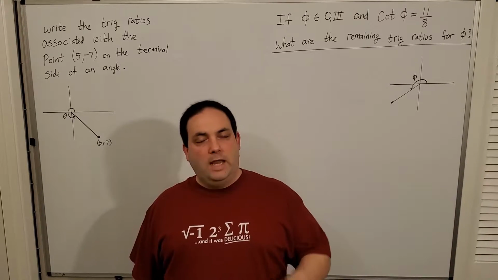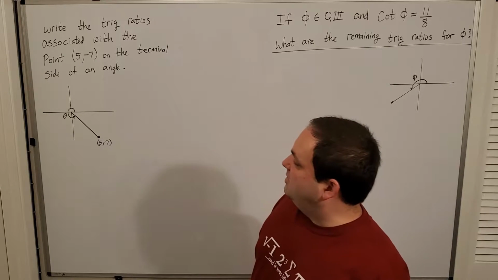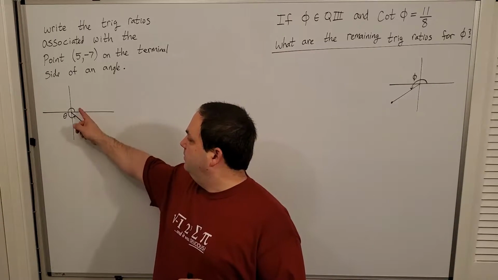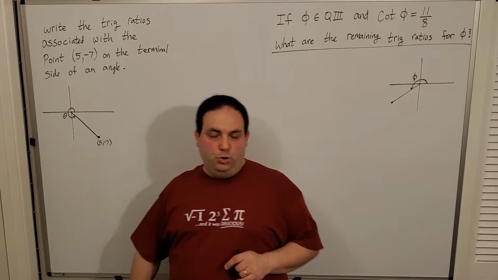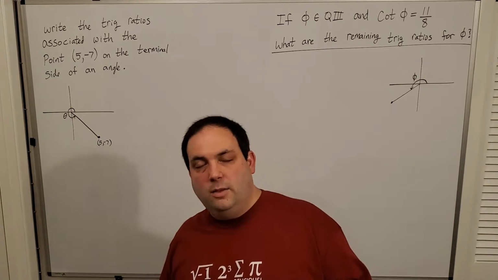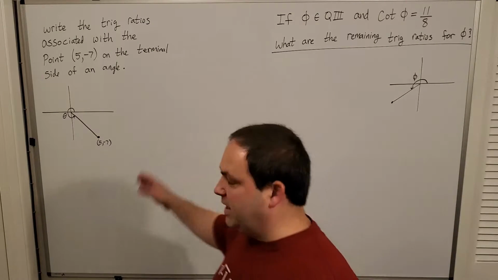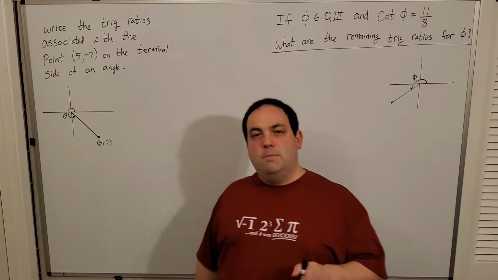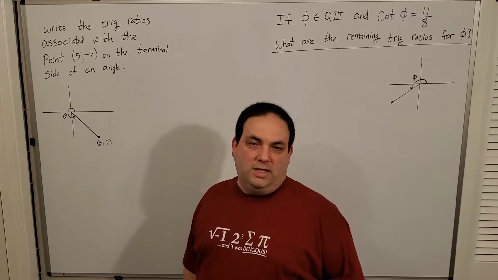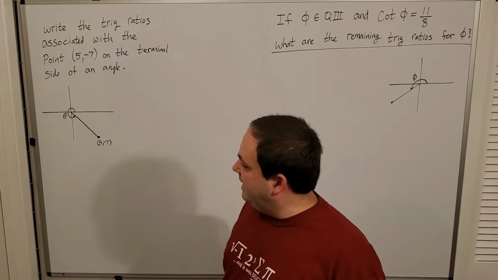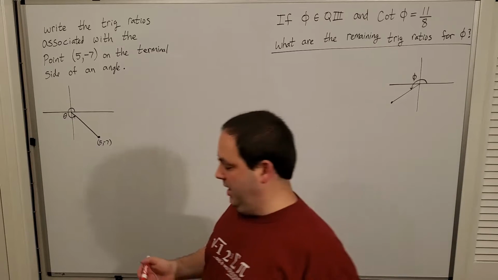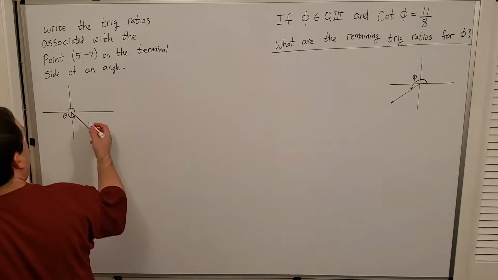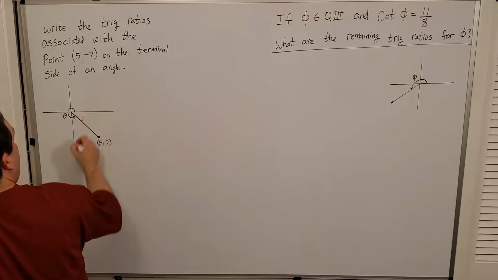Now remember, just because I drew theta this way, this normal standard positive angle theta to the terminal side containing the point (5, -7), doesn't mean that's the only angle that this would work for. Don't forget there's an infinite number of ways to land on this side. Okay? I could land going this way.